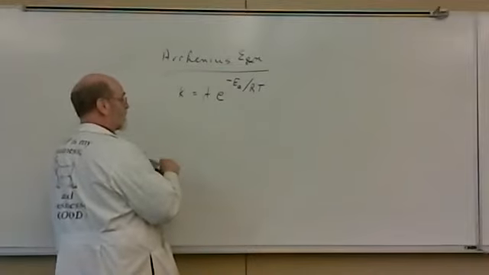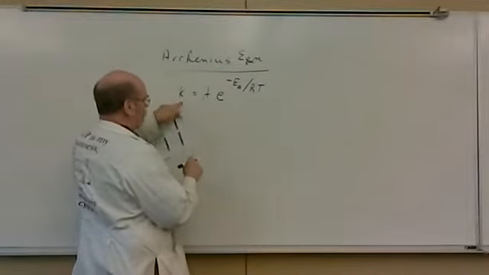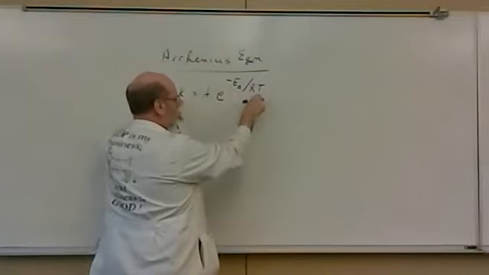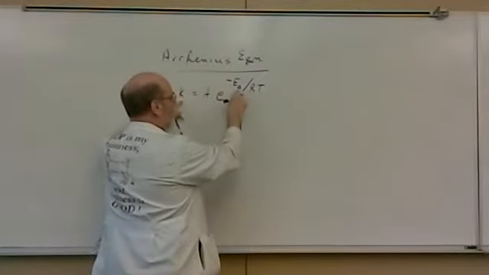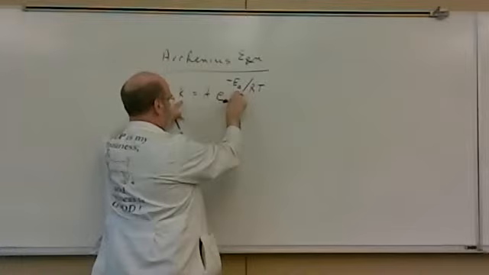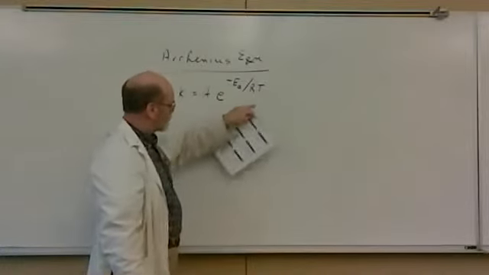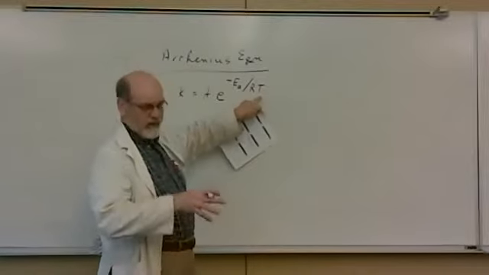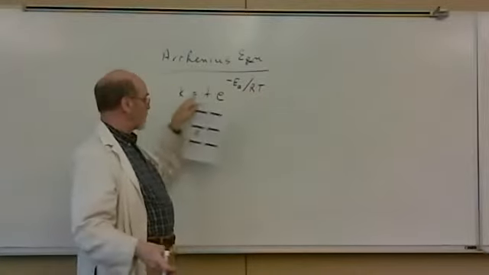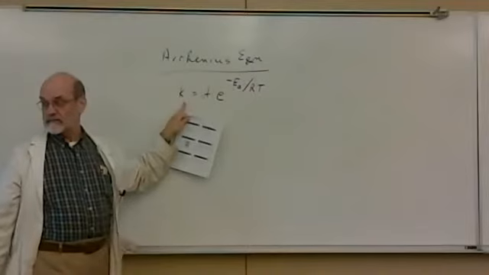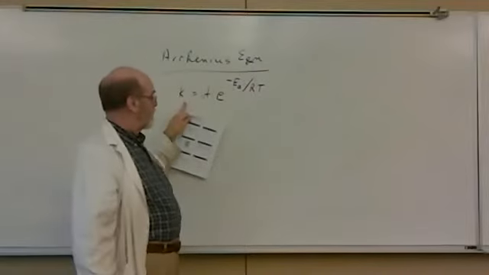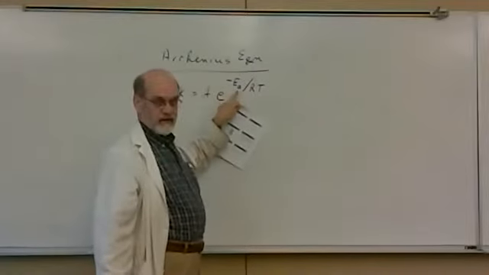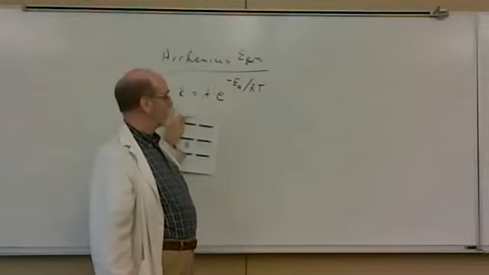So Arrhenius said that this k value is related to the temperature and the activation energy. And if you change the temperature for a given reaction, you change the k. Okay? If you change the activation energy, you also change the k.